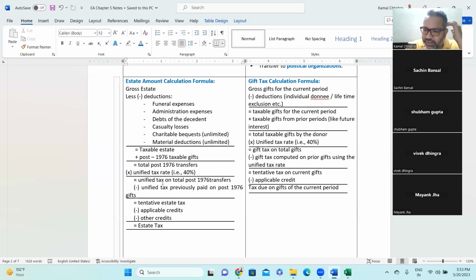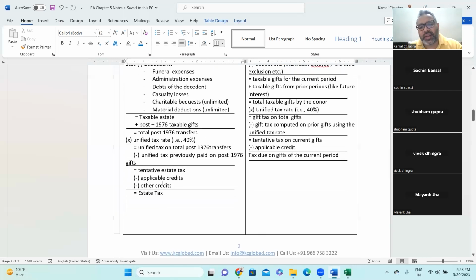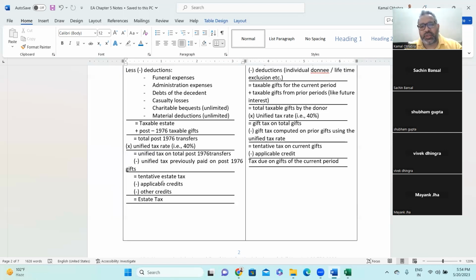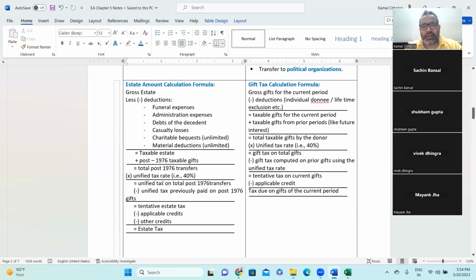Again, the unified tax rate is 40%, so multiplying by 40% gives the gift tax on total gifts. Then minus gift tax computed on prior gifts using the unified tax rate, any earlier year credit or any applicable credit, which results in tax due on the gift for the current period. So this is the calculation of gift tax.